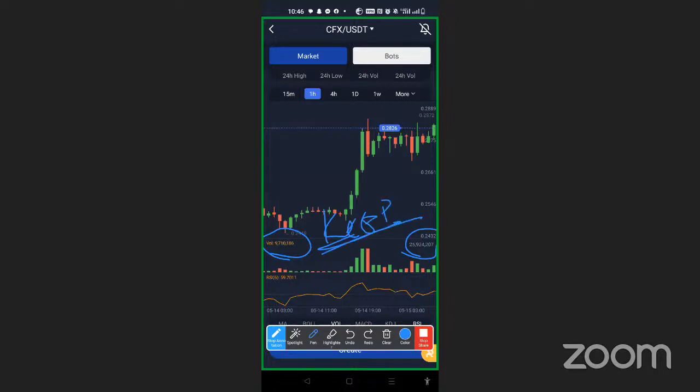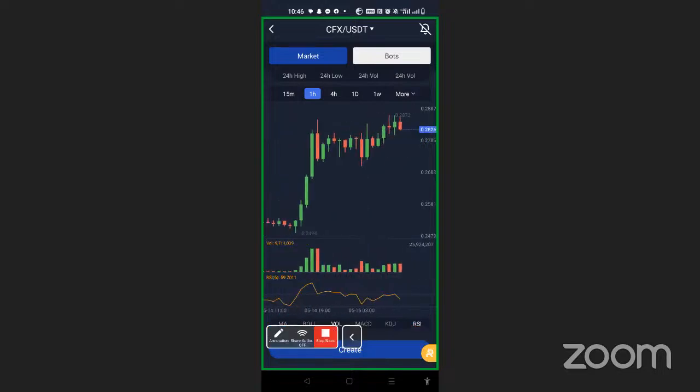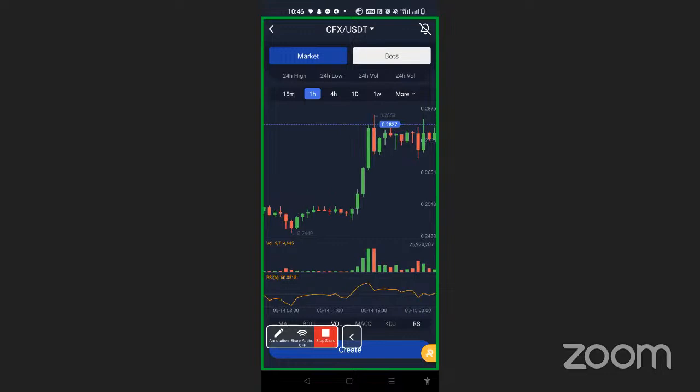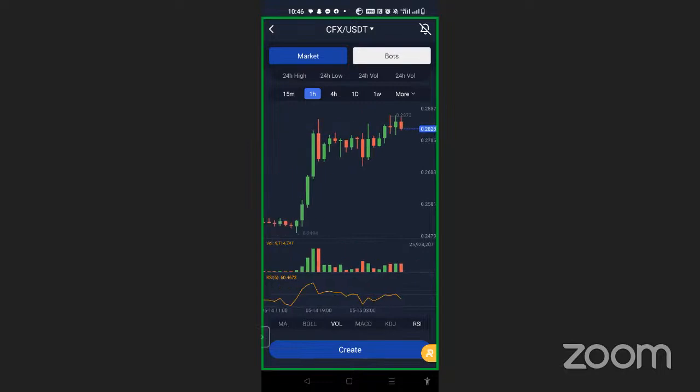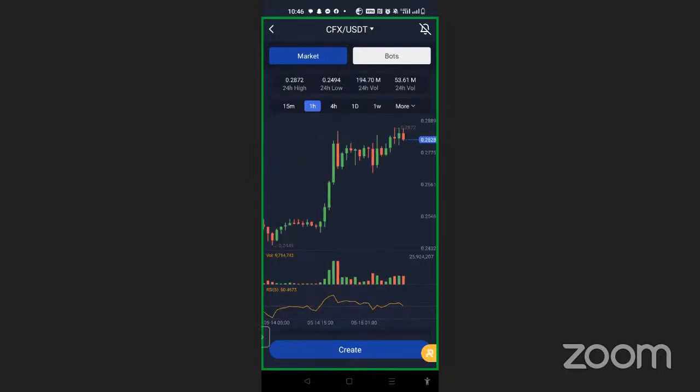We have the relative strength index indicator, which Royal Q goes ahead to show you how it is performing in the market. And also, we have these volume bars.